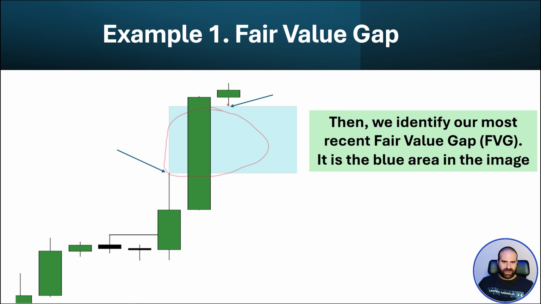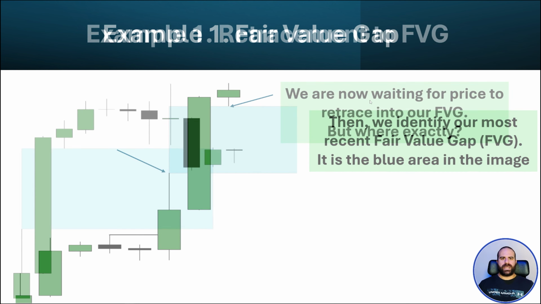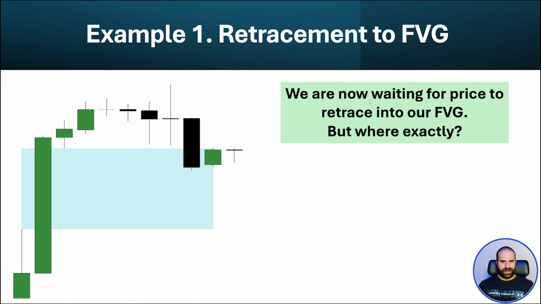I will say it one more time. It is created from the highest point of candlestick number 1 and the lowest point, in this occasion, of candlestick number 3. This is the number 2 candlestick, the area that is untested. This is your fair value gap. Let's proceed with the next slide.